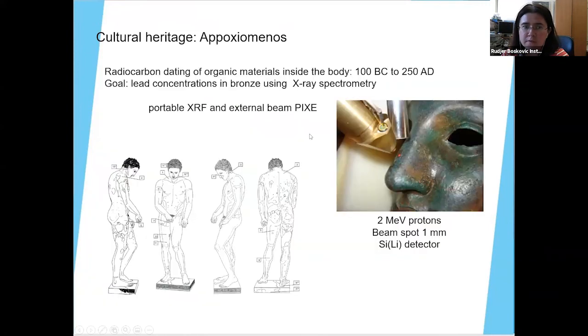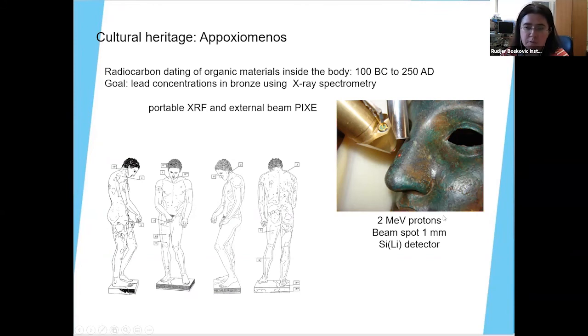One of the first studies was performed with portable XRF and external beam PIXE. Portable XRF was performed on 70 samples taken from different areas of the statue. External beam PIXE analysis was also performed on several spots on the head of the statue.